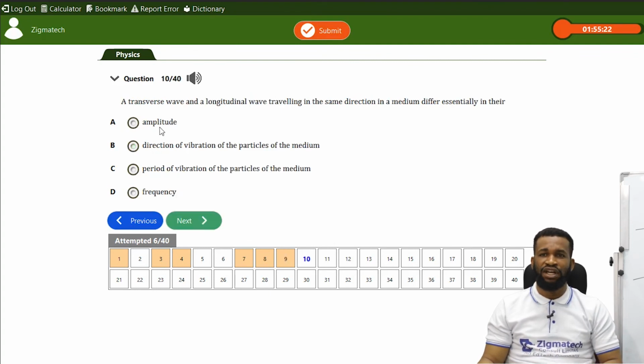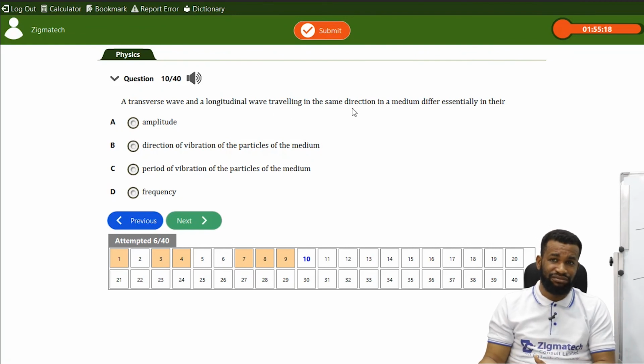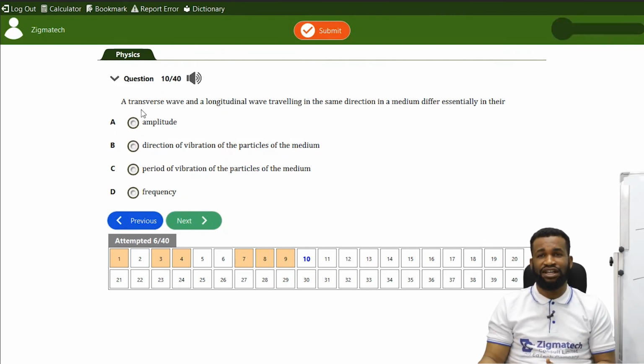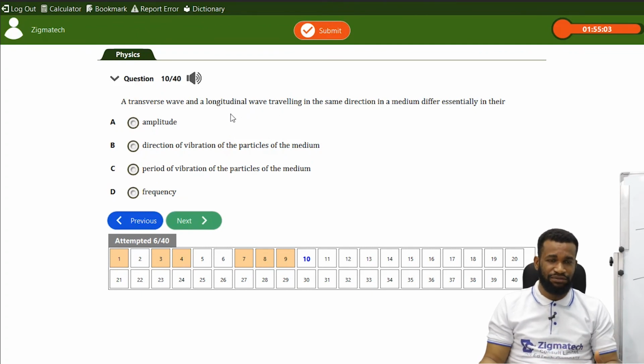Lastly, a transverse wave and a longitudinal wave traveling in the same direction in a medium differ essentially in what? The only question they are asking us here is what is the difference between transverse wave and longitudinal wave?